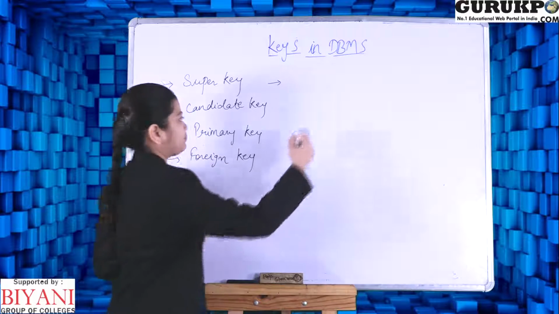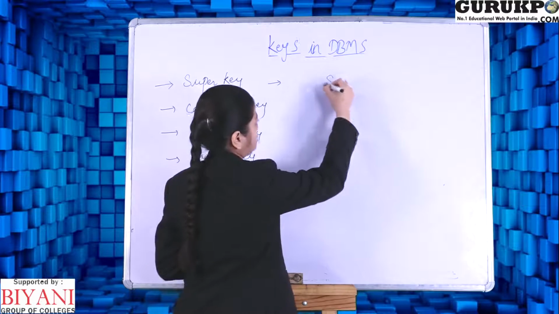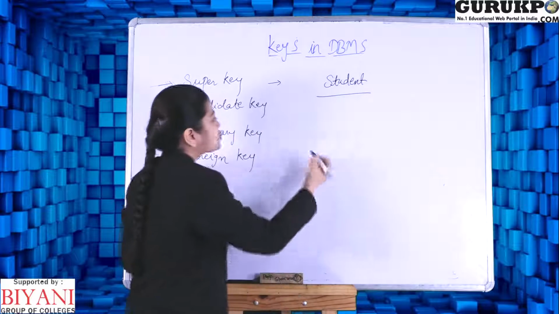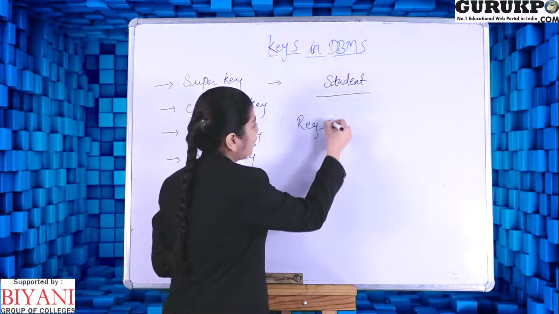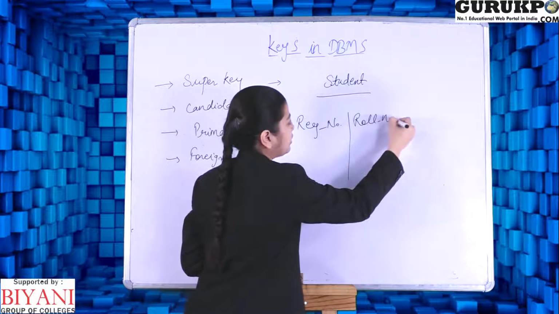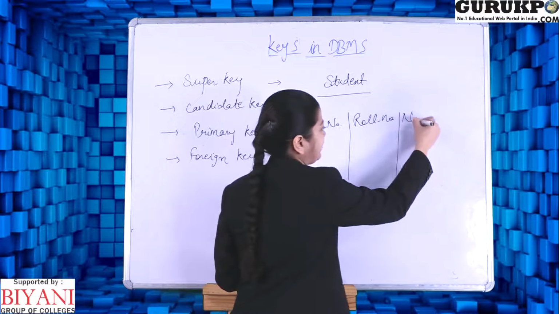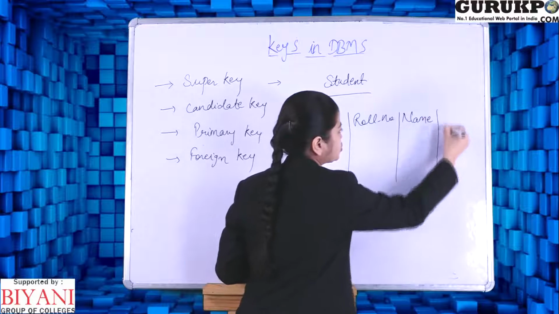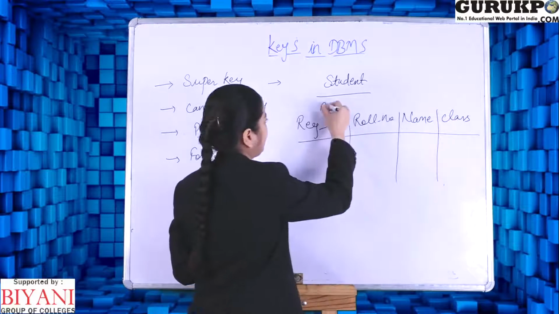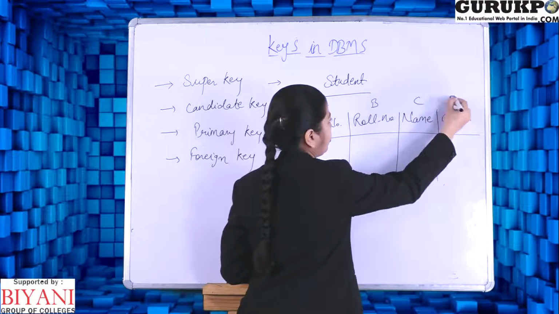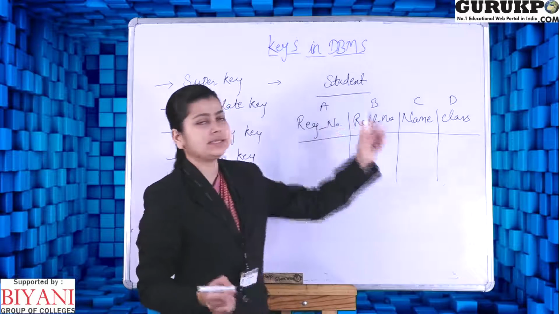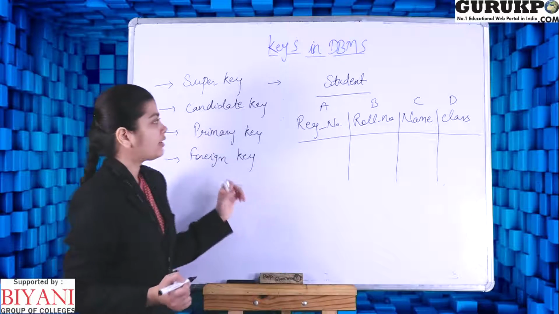For example, again we take the student table. Here we have four columns: registration number, roll number, student name and student class, and we name them column A, B, C and D. So what is a super key here?